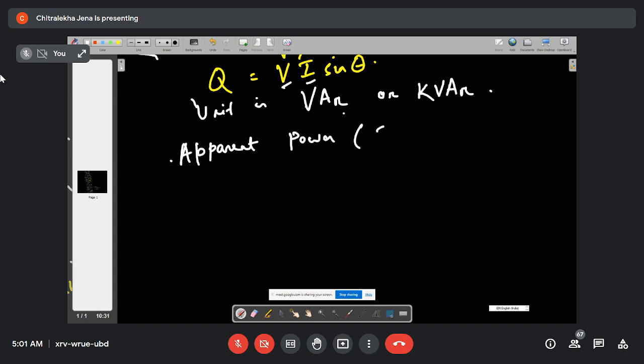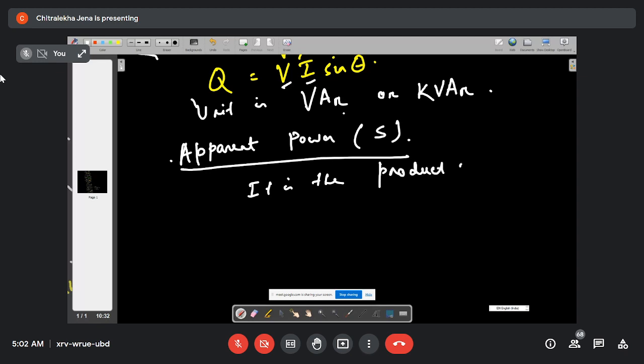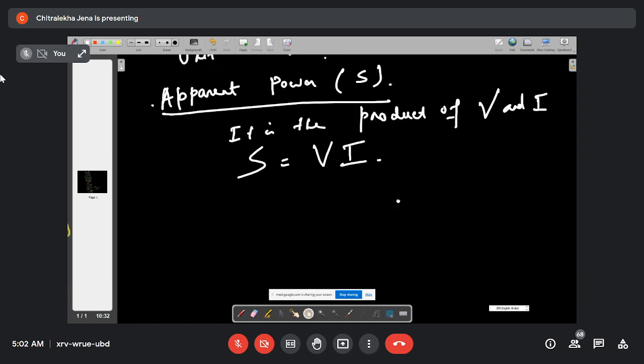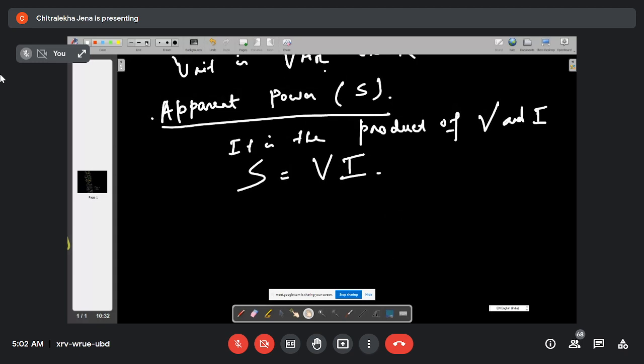It is denoted by capital S. It is the product of the RMS value of voltage and the RMS value of current. So S is equal to V multiplied with I. And the unit is volt ampere, or kilovolt ampere.